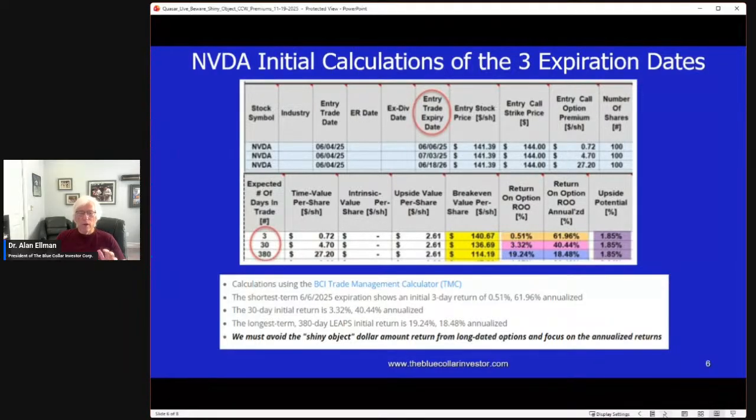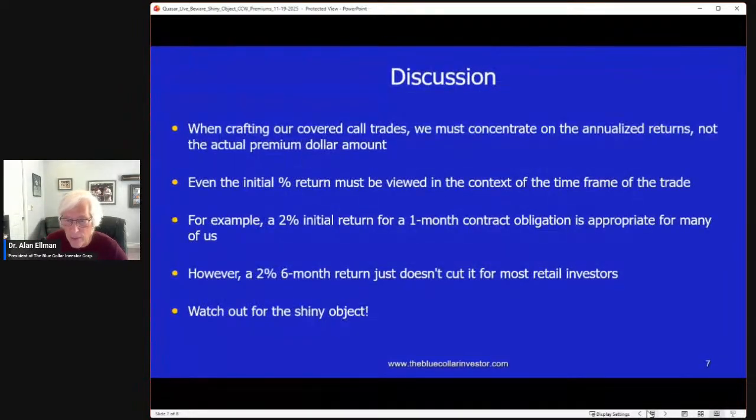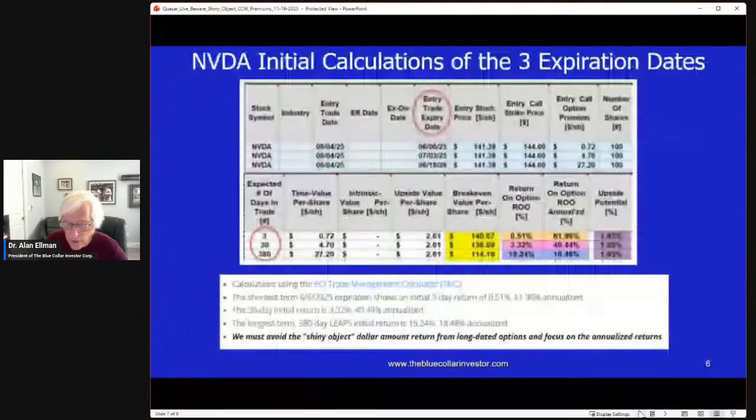Now, one more really important thing that I want to share with the Quasar audience, Steve, and that is the column all the way to the right in the purple cells. Let's go back to the last slide for a sec. Now, you could see here upside potential.